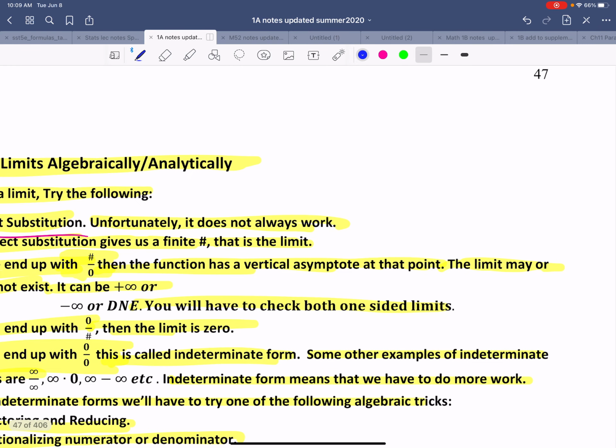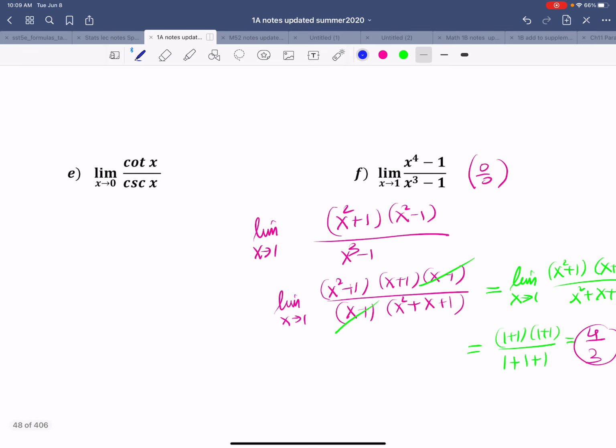There was one trick problem that we left here. So limit x approaches 0, cotangent x over cosecant x. So let's see. Sine of 0 is 0 and cosine of 0 is 1, right? And cotangent x is cosine over sine, since tangent is sine over cos.